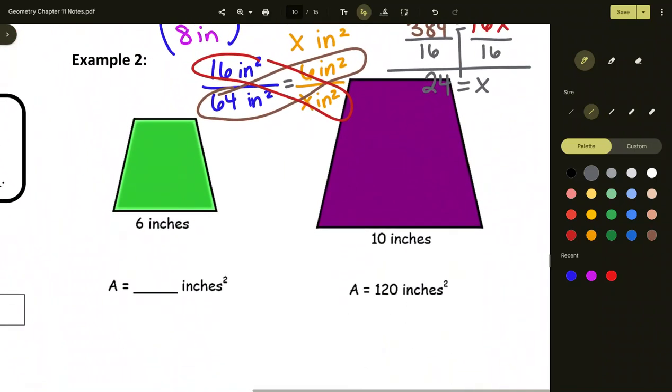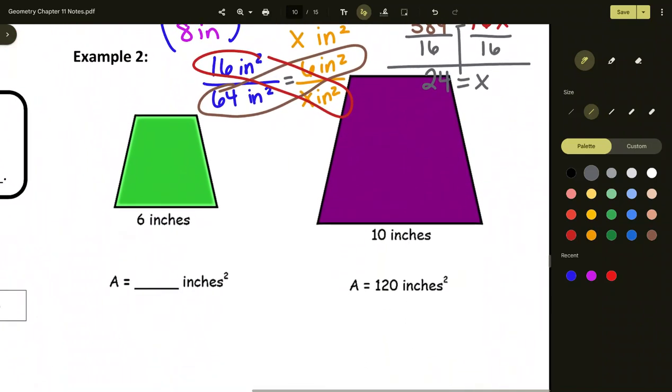All right, let's jump down to example 2. Again, before we start, we would have to know that these figures are similar. So let's assume that these two trapezoids are similar. All right, here we've got a base of 6 inches compared to a base of 10 inches. The unknown area compared to the area of 120 inches squared.